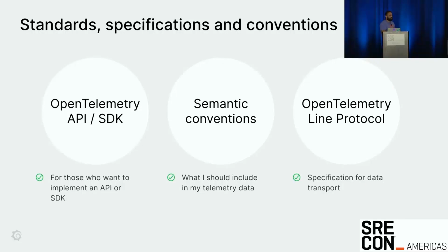These tell you what data you should collect in the form of telemetry, what the metric naming should be, what the attribute naming should be, and things like that. And finally, if you instrument your applications with OpenTelemetry, the applications will export all the telemetry in the form of OTLP, which is the OpenTelemetry line protocol, which you can then, in the collector, say, take this OTLP data and send it to any vendor that you want.